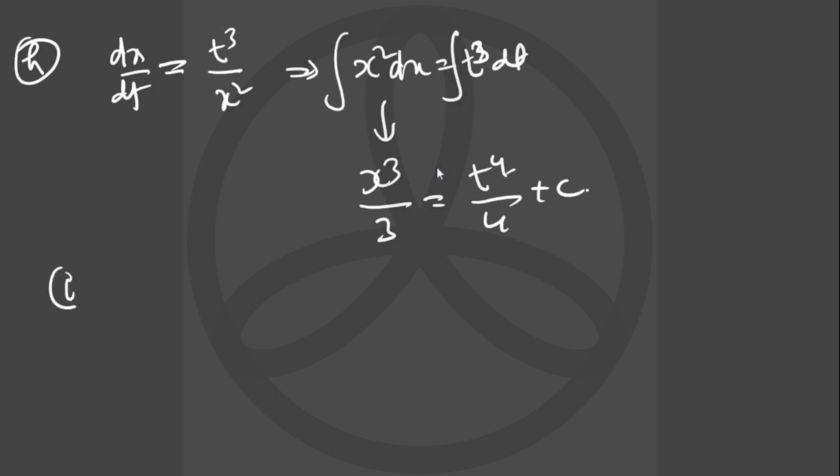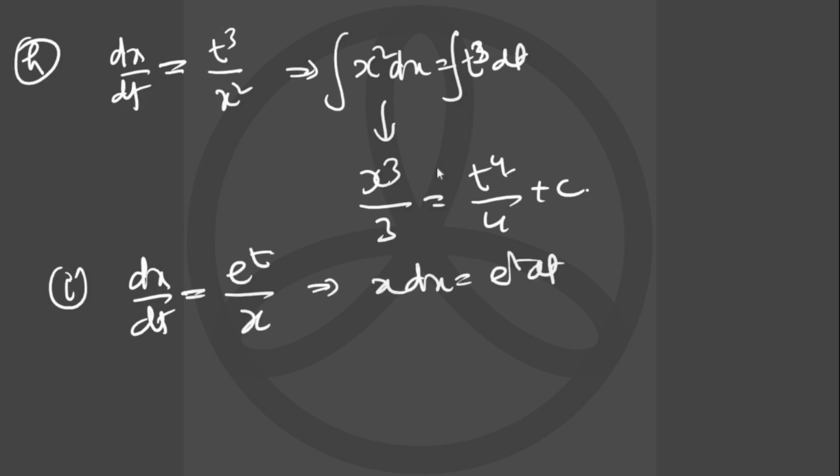Now I: dx/dt is equal to e to the power t divided by x, cross multiply, x dx is equal to e to the power t dt, apply integration sign, x squared over 2 is equal to e to the power t plus a constant of integration c on the right hand side.